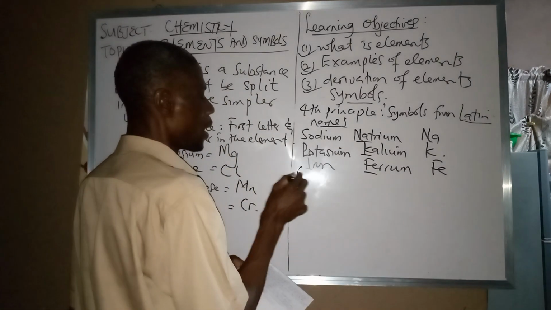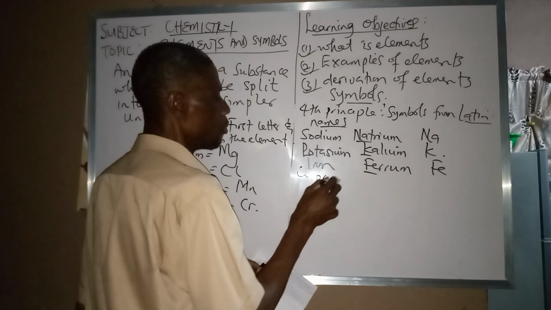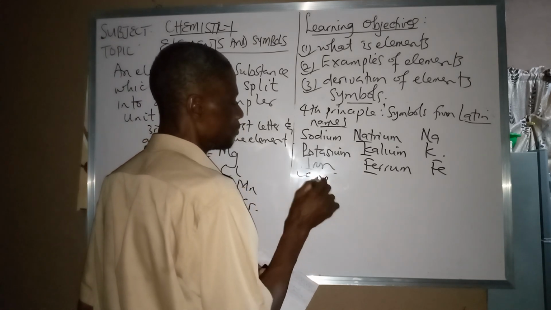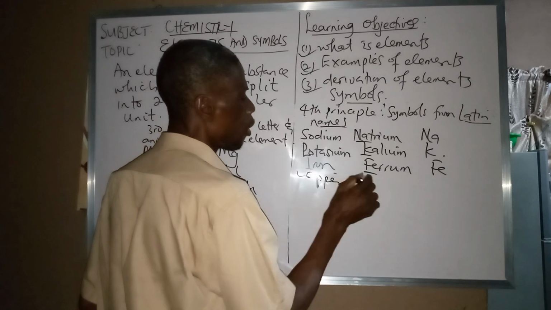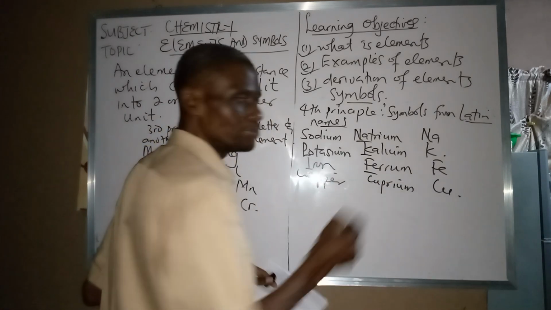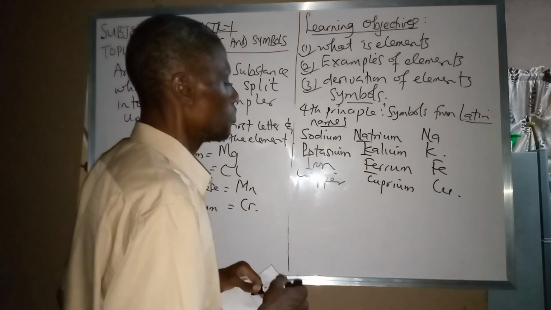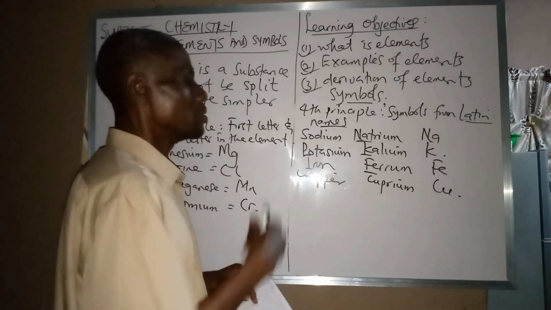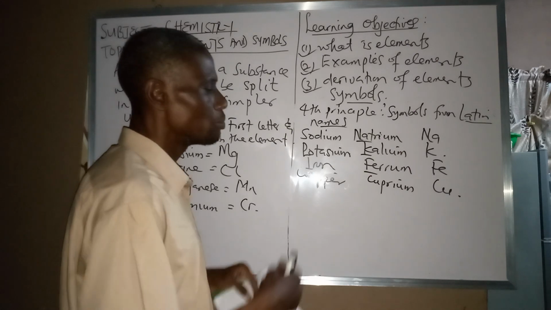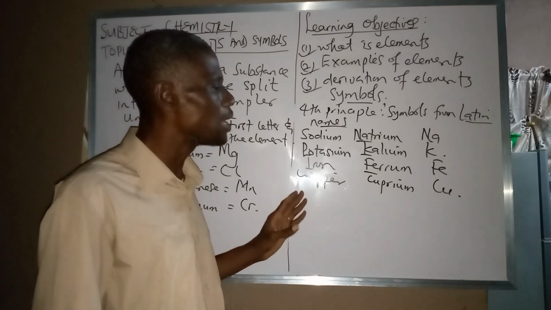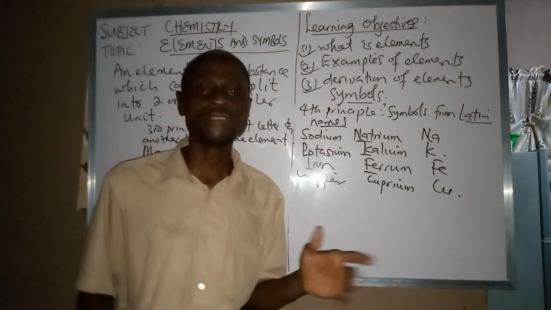What about copper? Copper's Latin name is Cuprium. Cu. That's what we are saying. Other ones too. We have silver, argentum, Ag. Mercury, Hg, on and on like that. So this is another way of deriving the symbol of some of these elements.